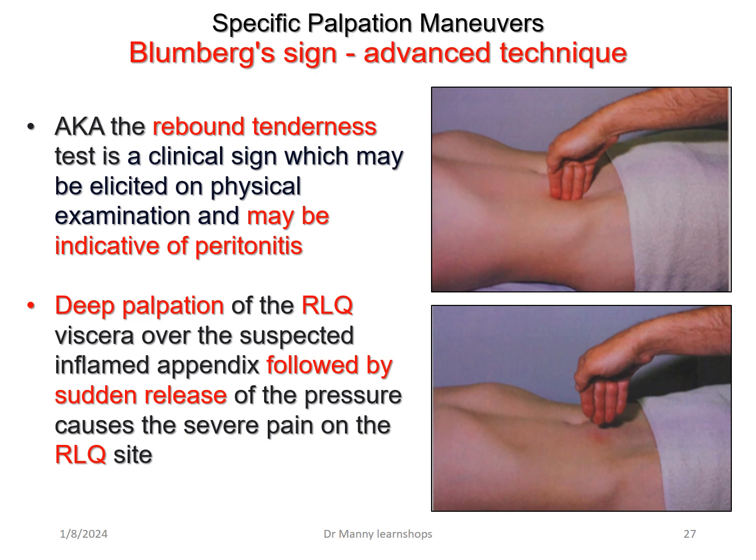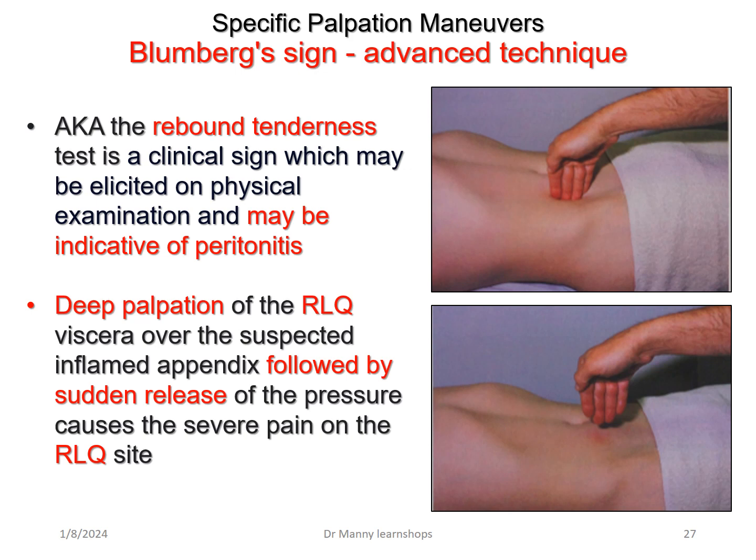Another sign can be Blumberg's sign, and this relates to rebound tenderness. This is also known as rebound tenderness, but Blumberg's sign is the proper term. This is a clinical sign which may be elicited on physical examination and may be indicative of peritonitis.